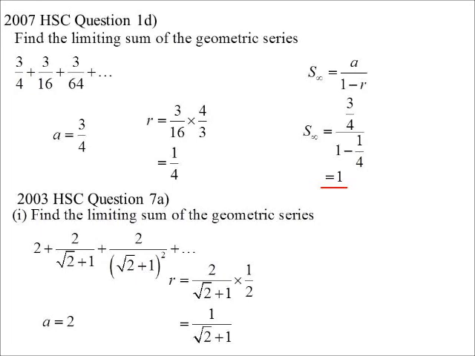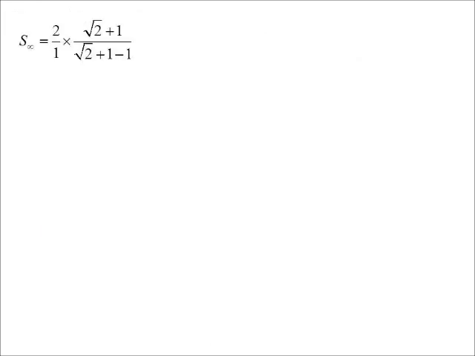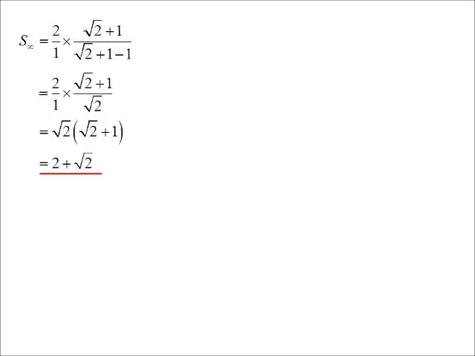So that's okay. So sum to infinity, summing it in, 2 over 1 minus 1 on root 2 plus 1. Okay, I've inverted and multiplied. Still got nothing here, right? Substitute in. Bit of mucking about. A little bit tricky, again, for a 2-unit question. So 2 plus root 2 for that one.